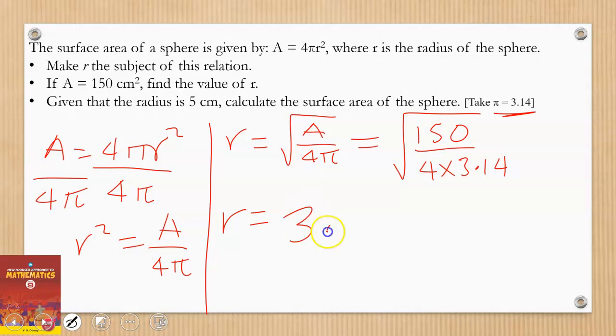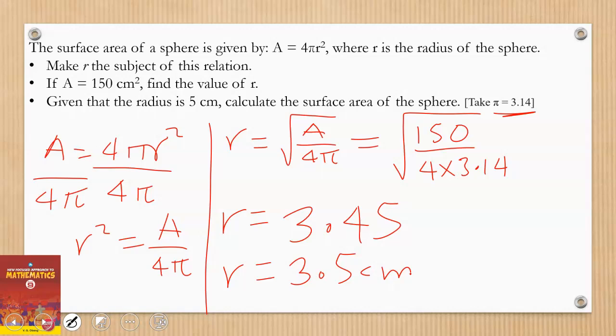So we have 3.45 as the answer for the radius, or we can say approximately 3.5 centimeters.